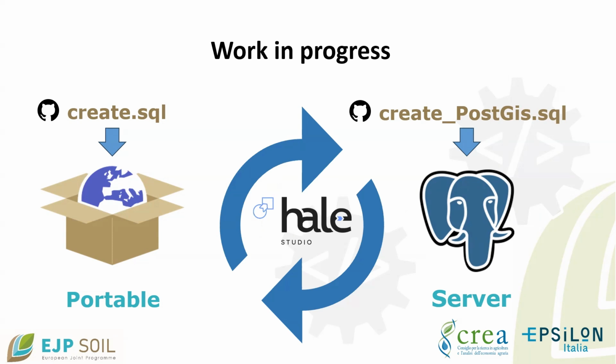This will be quite a simple HALE project because the structures of the geopackage and the PostGIS databases are the same. So we have the same tables, the same columns in the tables. And also, if you open the SQL files that are shared, you see that they are quite common: 95% have the same code, the same statements.